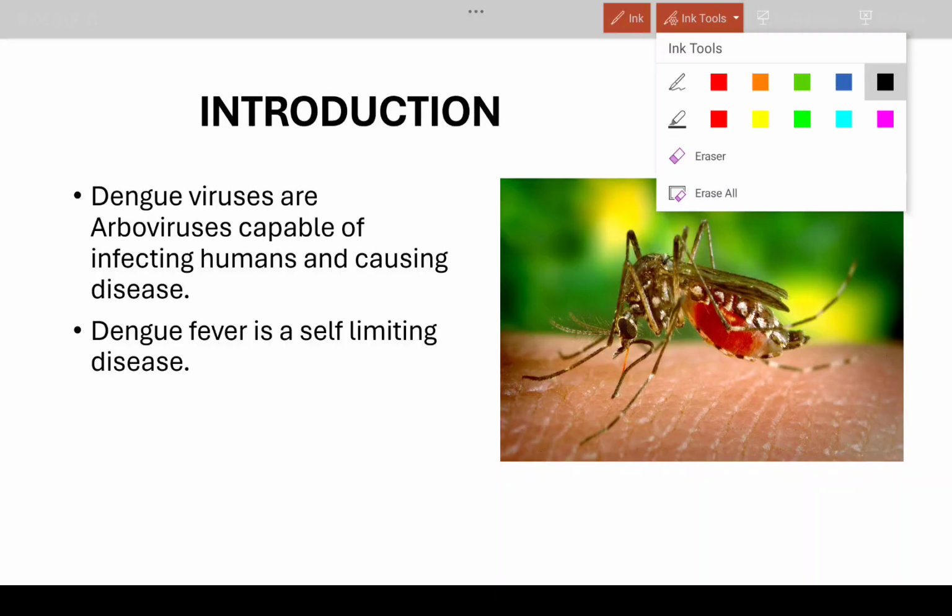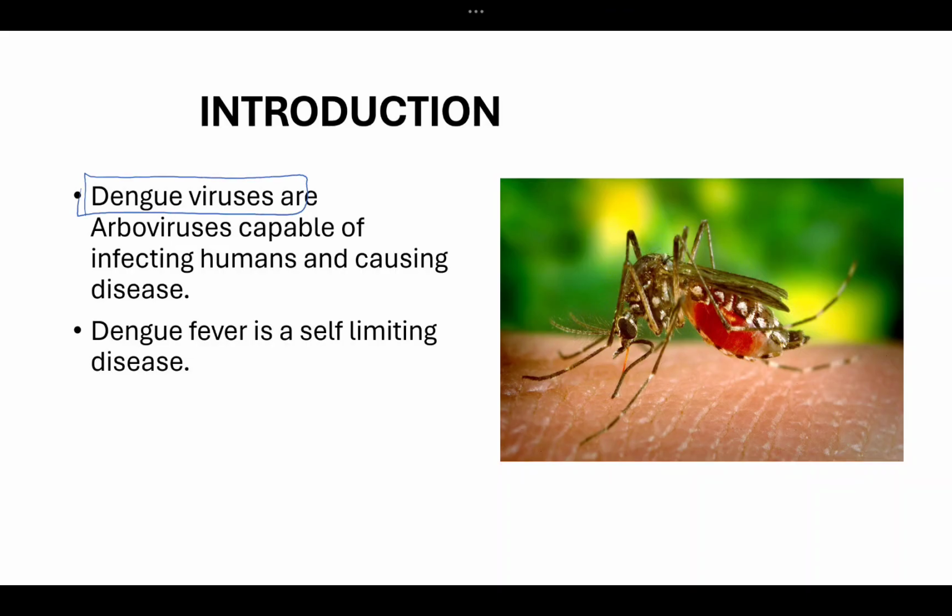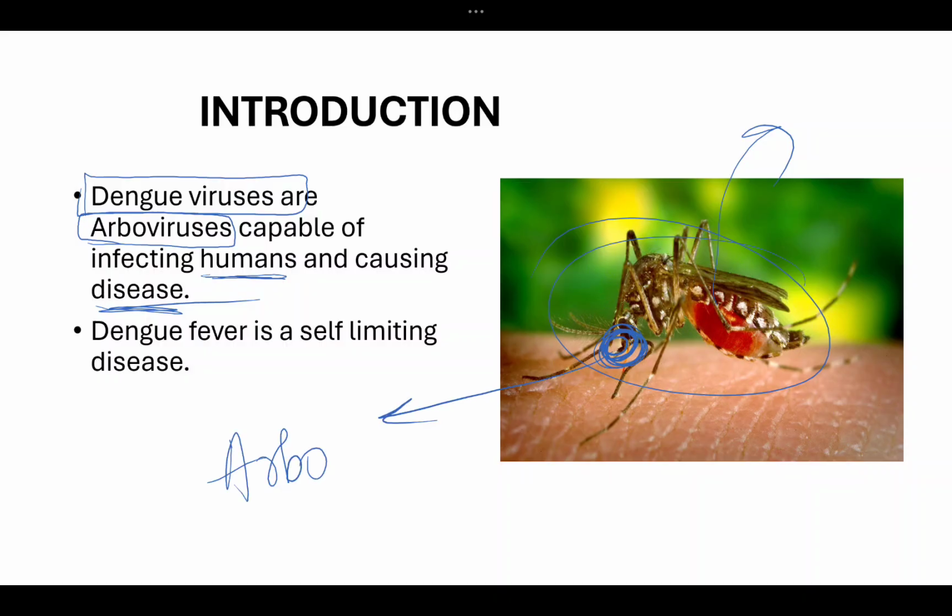Dengue fever is caused by the dengue viruses. The dengue viruses are nothing but arboviruses, which are capable of infecting humans and causing the disease. You can see this mosquito is carrying the dengue virus, an arbovirus.